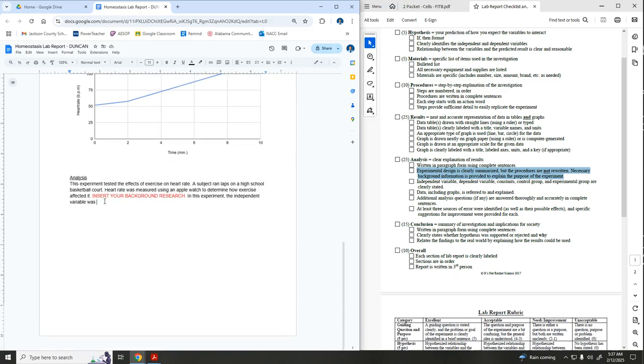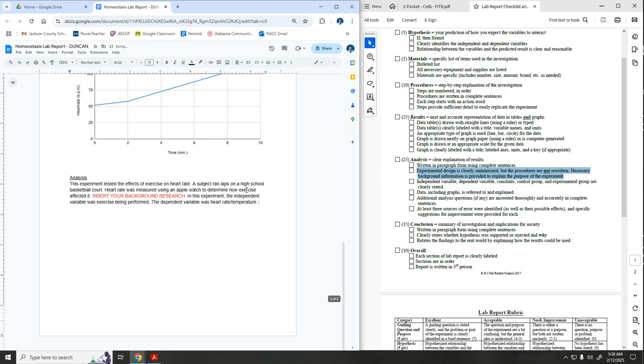So you put your type of exercise. Now the dependent is what you measured. It's what that independent affected. So that was either heart rate or temp, or temperature, depending on which one you tested.